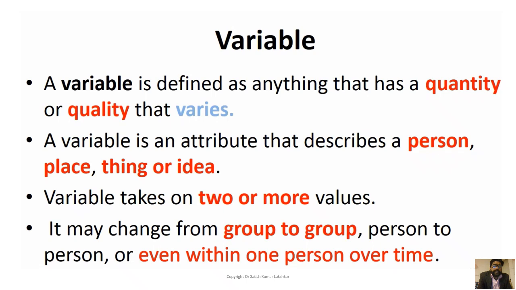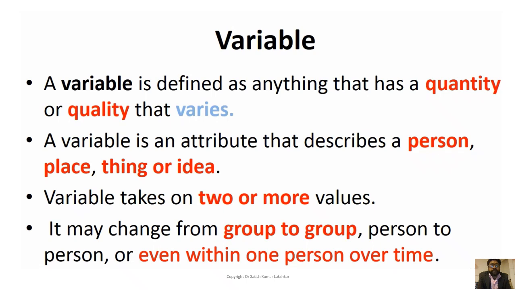A variable is defined as anything that has a quantity or quality that varies over a period of time. As I discussed in the previous slide, a variable doesn't remain the same, it keeps on changing over a period of time. A variable is an attribute that describes a person, place, thing, or idea, and it can take on two or more values.